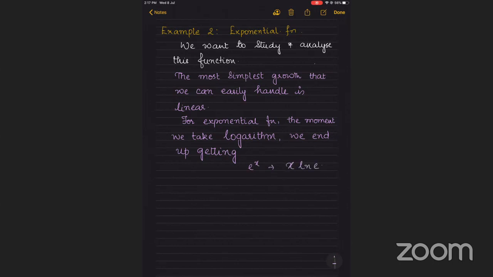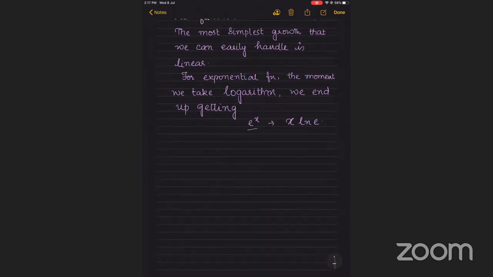Therefore, what we see is we basically move on from exponential to a linear growth. Handling linear growth is easy for us. Is that clear? So if we take natural logarithm, we end up getting x ln e, which is basically x itself. So that is going to be easy to handle.